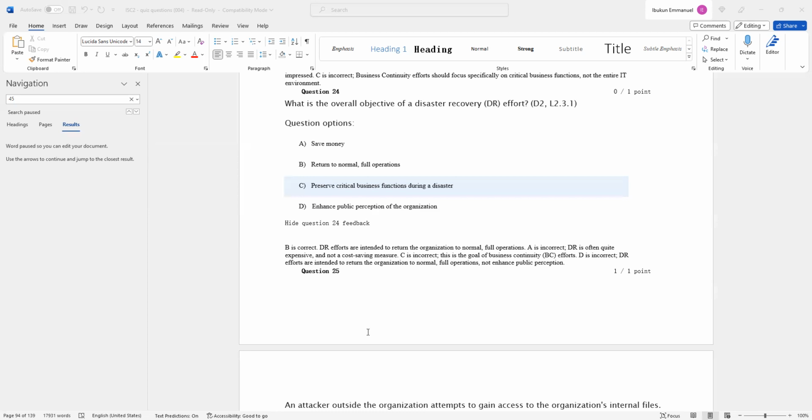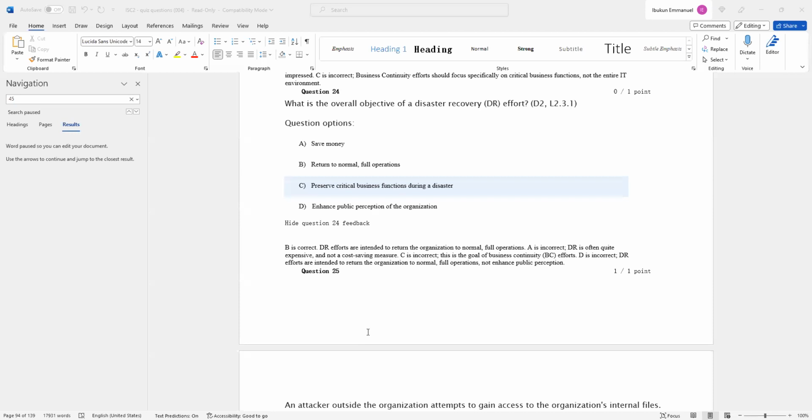And then when the disaster is over, we can start recouping any overpayments or paying off any underpayments. But it's about continuing the critical functions of the business during an outage, an event or an interruption. That is what business continuity is focused on.